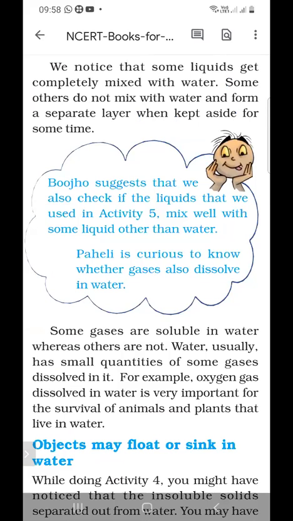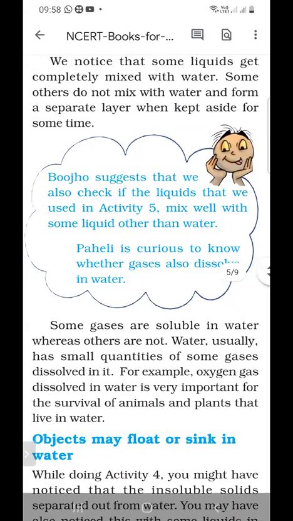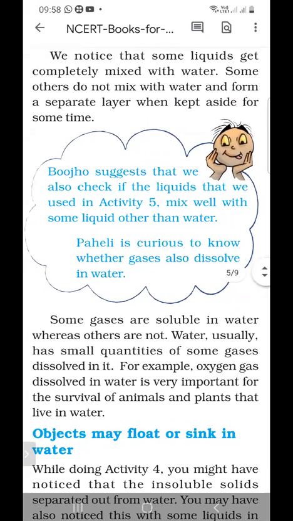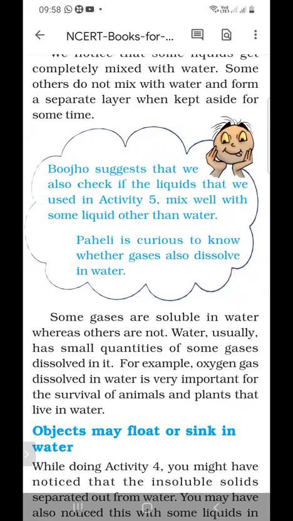So what is the formula of water? H2O means it contains hydrogen as well as oxygen. So how do aquatic animals, just like fish, get oxygen from the water?